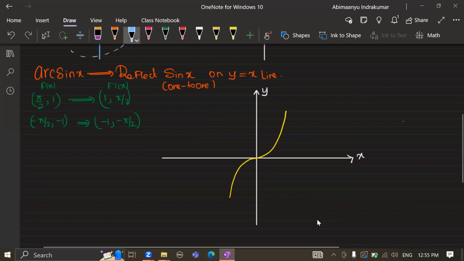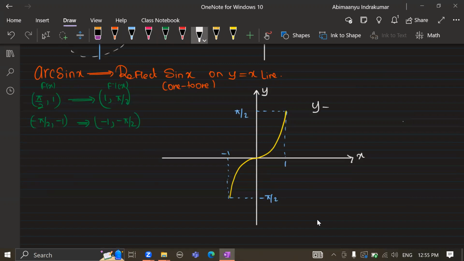Here, the very important thing to remember is that your arc sine x graph always looks like an x cube graph, a cubic graph. So this is how the final graph of arc sine x looks. This is the graph of sine inverse of x, or we can call it arc sine x.